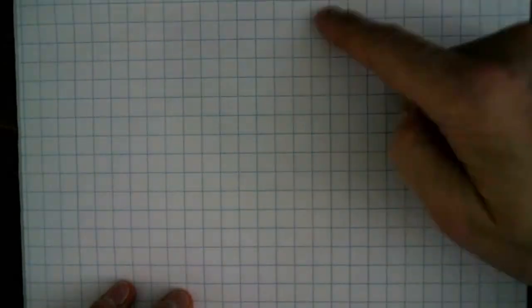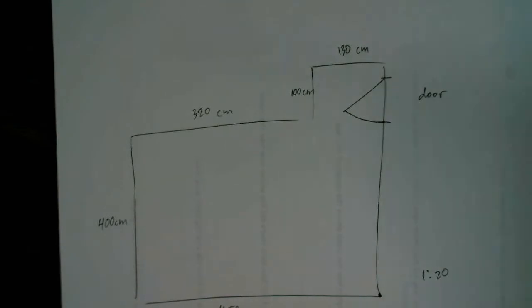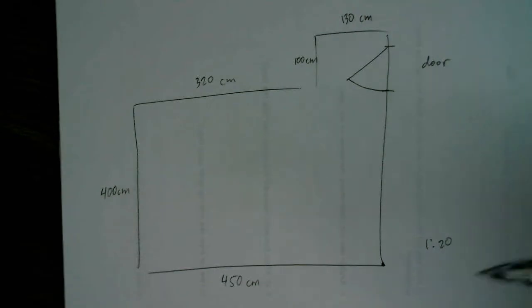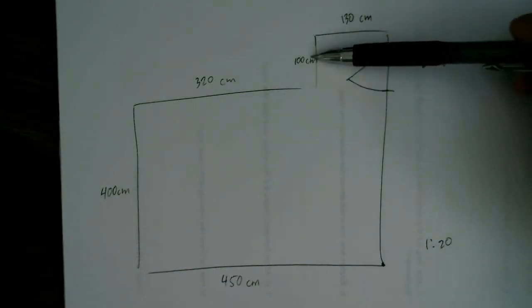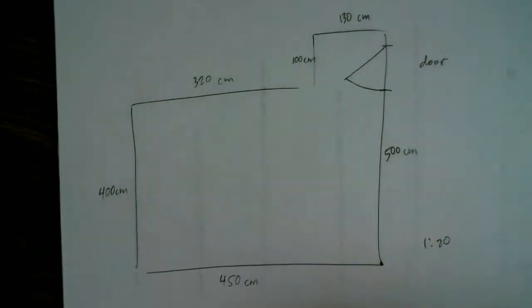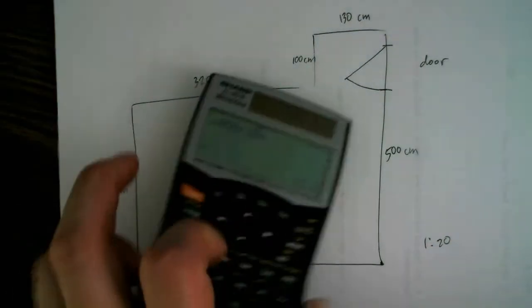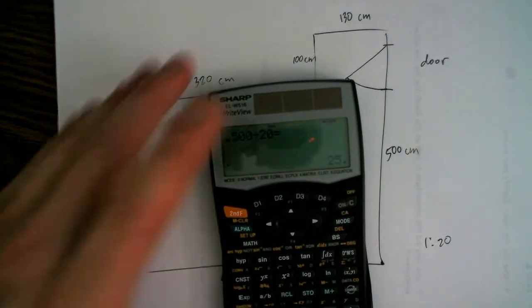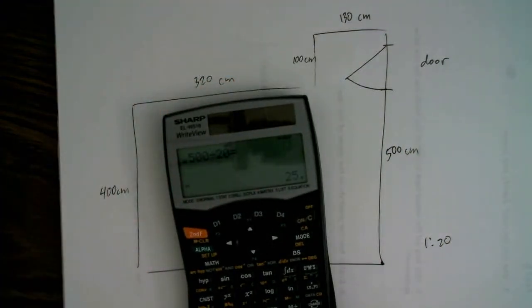We said this was a little bit under 20 centimeters. How far is it from here to here? The diagram doesn't have it labeled, but I'm going to label it as 100 plus 400, so that's 500 centimeters. If I take the 500 and divide that by 20, I get 25. So 25 is actually too big to fit on this piece of paper this way.